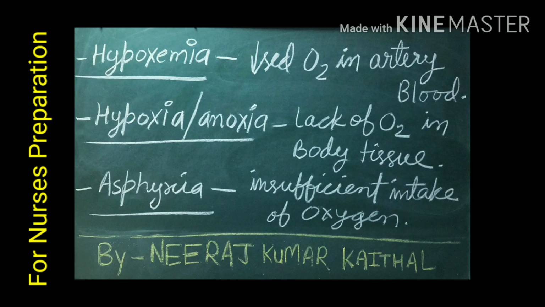If oxygen amount decreases in the bloodstream or artery, it is known as hypoxemia. If oxygen amount decreases in body tissue, it is known as hypoxia or anoxia. Asphyxia is a condition in which insufficient intake of oxygen occurs.